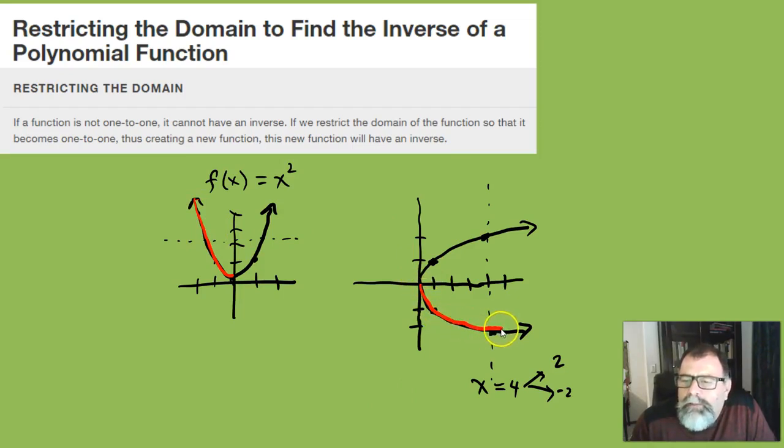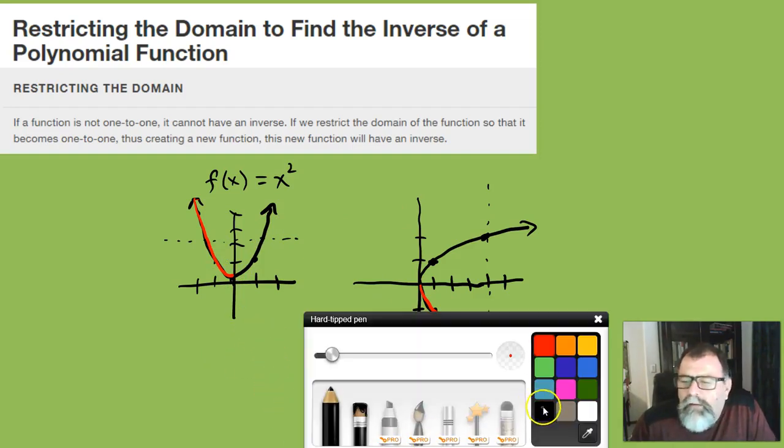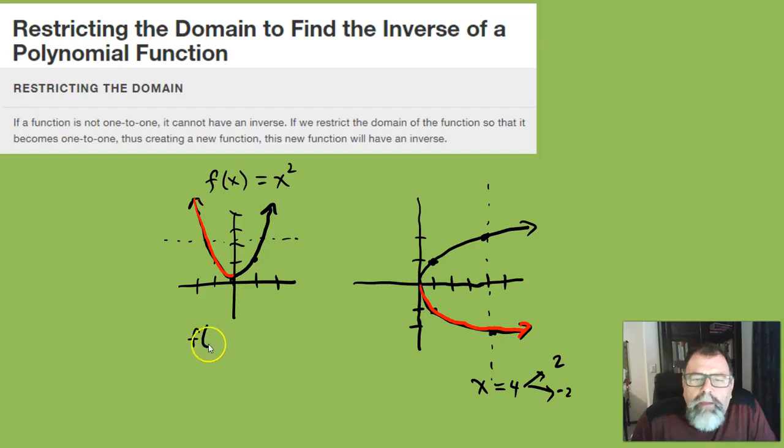So the red ones are inverses of each other, and the black ones are inverses of each other. So I can restrict the domain and say, all right, let f of x be x squared provided x is greater than or equal to 0. And that's just going to be the right half of that parabola.